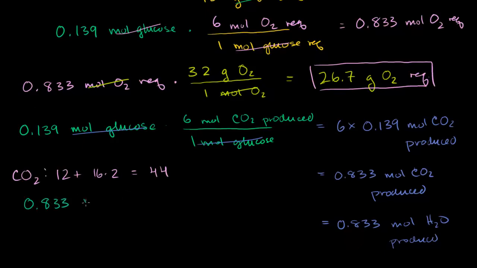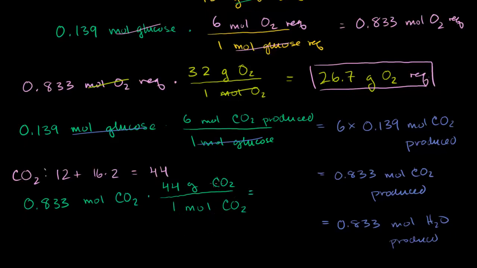So if we are starting off with 0.833 moles of carbon dioxide that are produced, we want to figure out how many grams per mole. We're going to put the moles of carbon dioxide in the denominator because we want it to cancel with that. And then we have the grams of carbon dioxide. We know carbon dioxide's atomic weight is 44. So that means there are 44 grams if we have a mole of carbon dioxide, if we have 6.022 times 10 to the 23 carbon dioxide molecules.